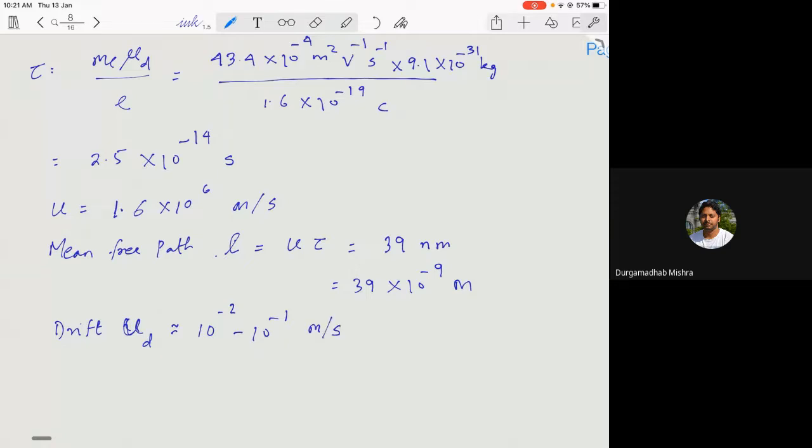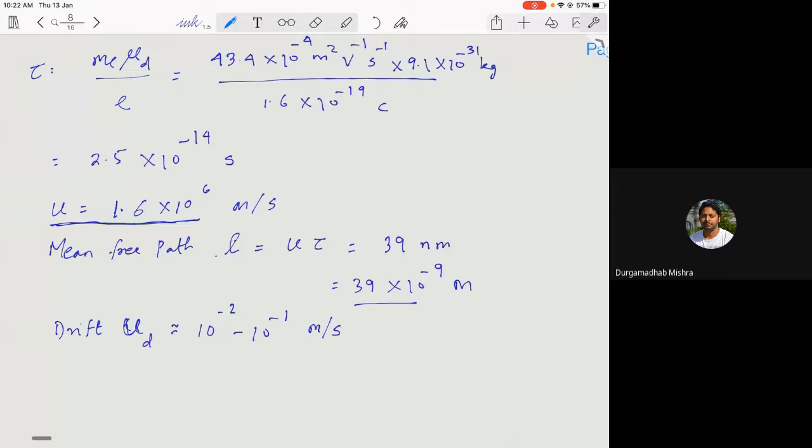So the contribution is really negligible compared to this mean speed of the electron due to the temperature. So the mean speed will still be the dominating term here in terms of magnitude. The mean speed is always much higher compared to the drift speed. So you can add, but then this number will not change. There is not a big difference in that.